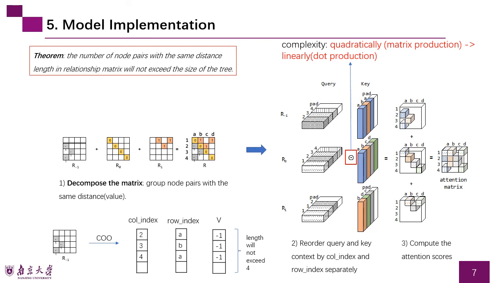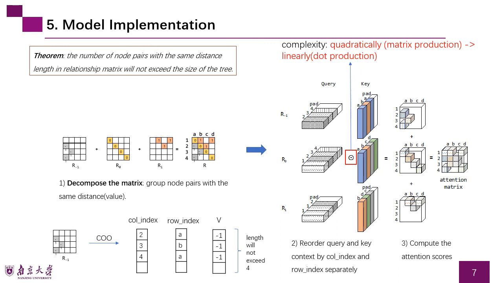We proved a theorem that the number of node pairs with the same distance in the relationship matrix will not exceed the size of the tree. Hence, if we transfer the decomposed matrix to its COO format, the length of the column index will not exceed the size of the tree. This feature helps parallel computing.